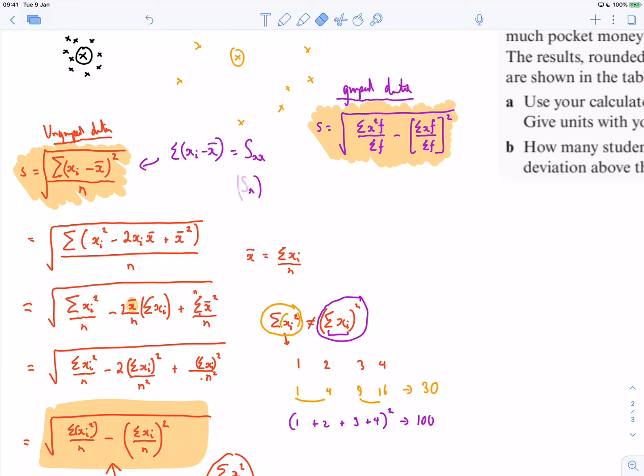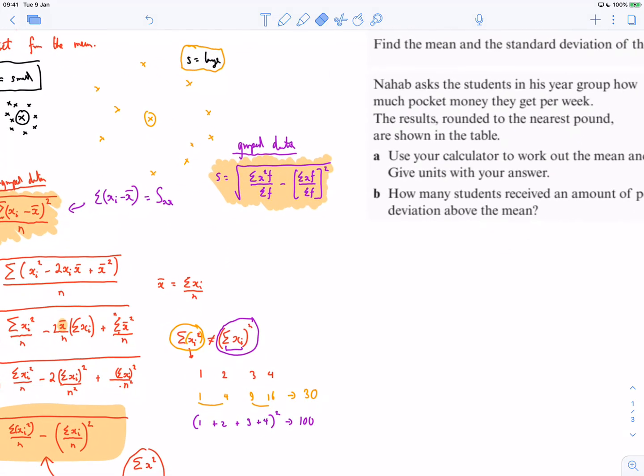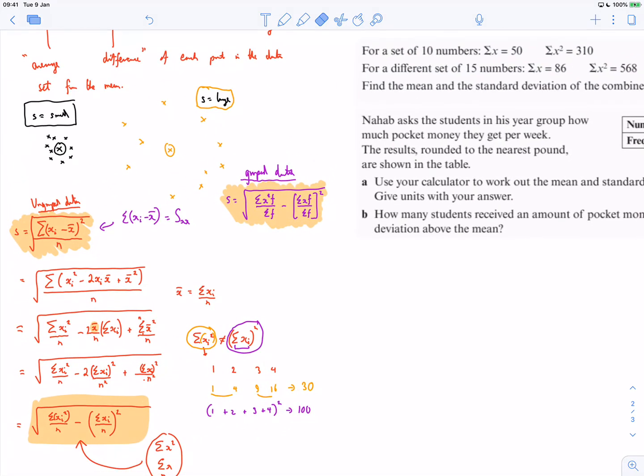It depends on the calculator, if you've got one like Texas Instruments, maybe some of the older Casio ones. But in terms of standard deviation and variance, to calculate them, you just follow those rules.